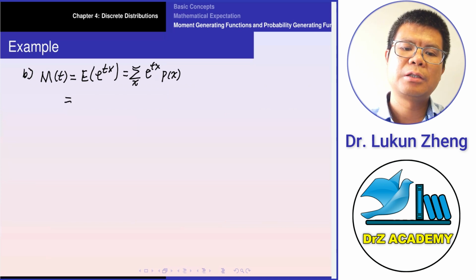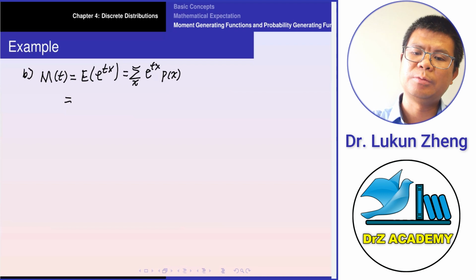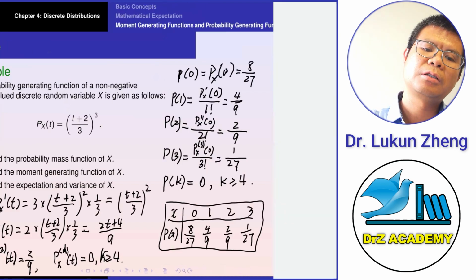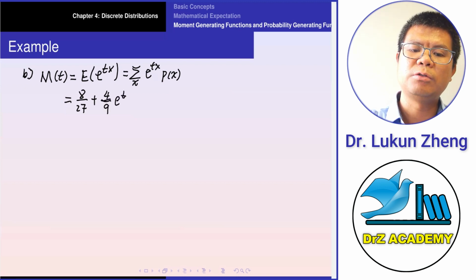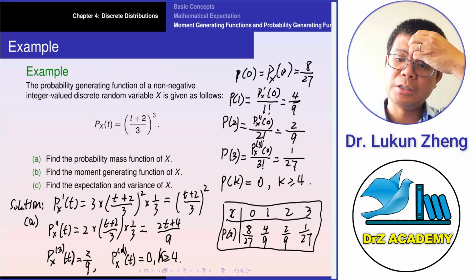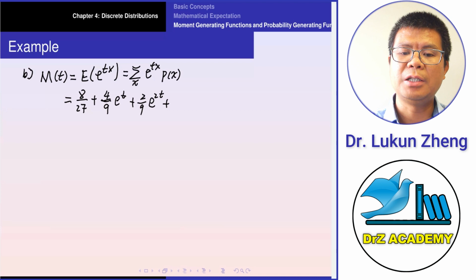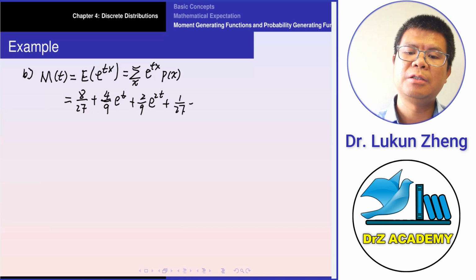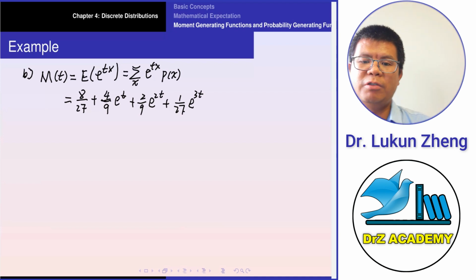When x is 0, that's 8 over 27, plus when x is 1, e to the power t times 4 over 9, plus when x is 2, 2 over 9 e to the power 2t, and finally 1 over 27 e to the power 3t. Okay, so that's the moment generating function of X.